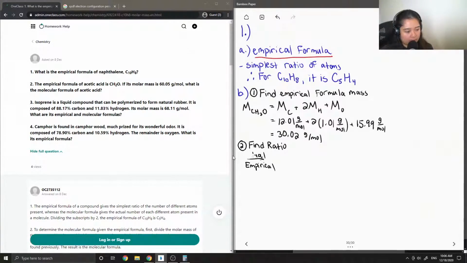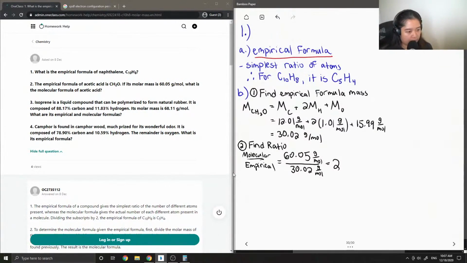Actually, I'll write this as molecular over empirical. So the actual molar mass was 60.05, and the empirical formula mass is 30.02. When we find the ratio, we want to round to the nearest whole number. So in this case, it would just be 2.